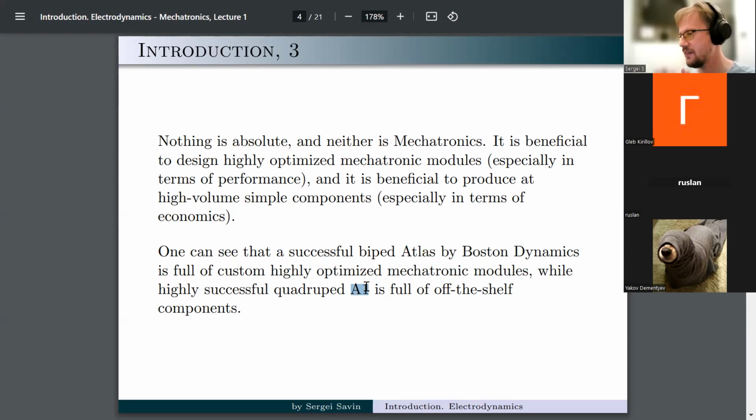I'm simplifying a little bit, of course, but Unitree is successful because of the low cost, and its components are not exactly what you would call highly optimized mechatronic components. Even though the motors are still combining quite a bit to make them perform the way they do.